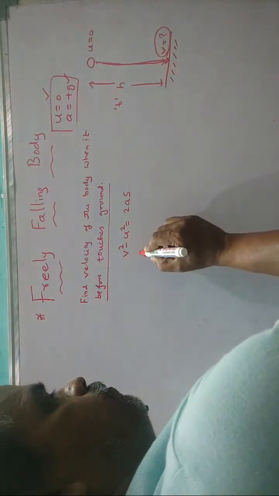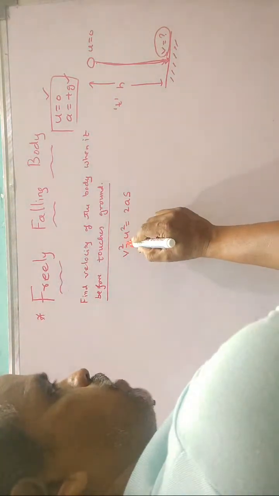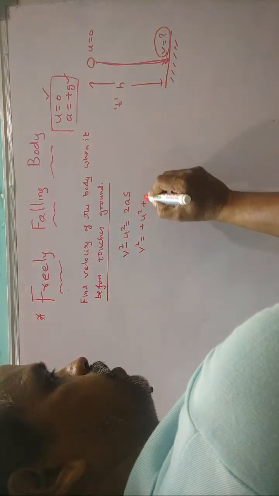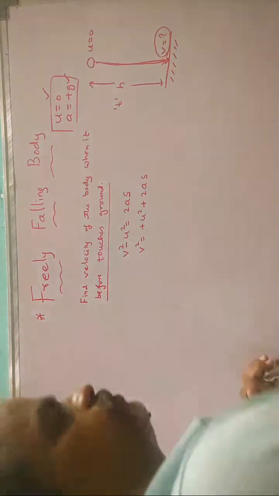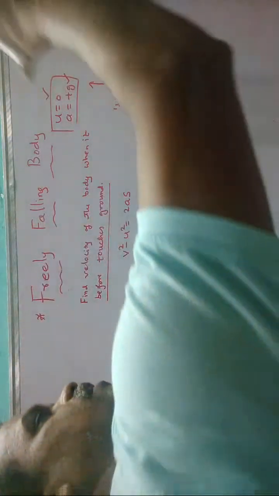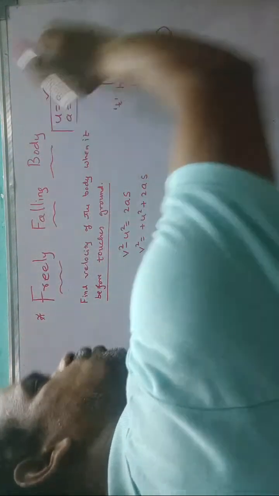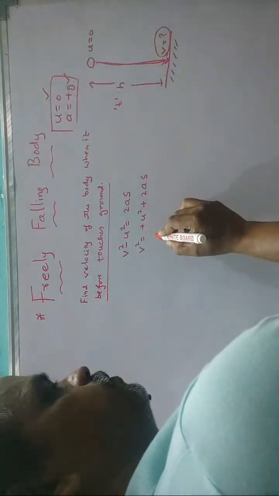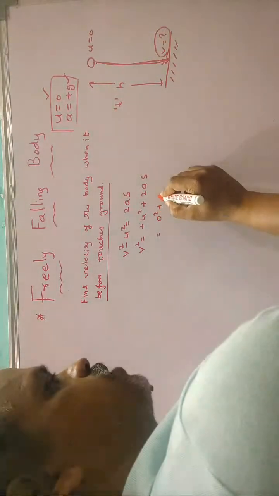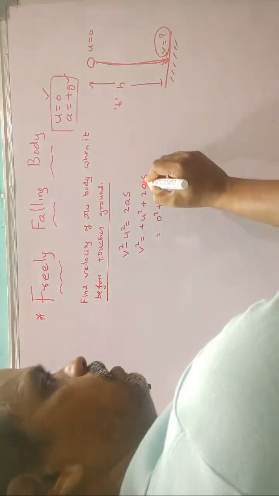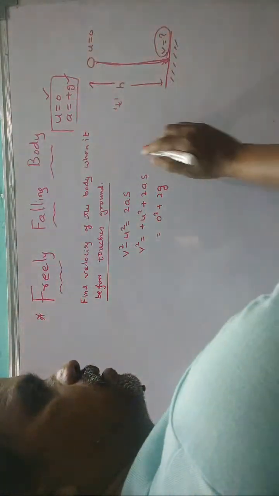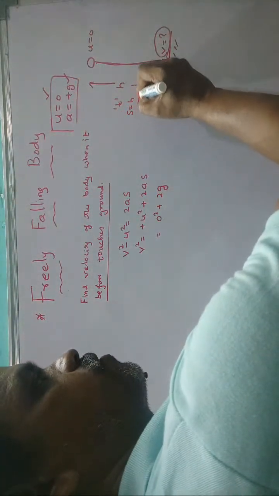So here v square equals minus u square goes to the right side, plus u square plus 2as. For a freely falling body, we have only two conditions: u equal to 0, a equal to plus g. So v square equals 0 plus 2g, and here the body covered displacement s equal to h.